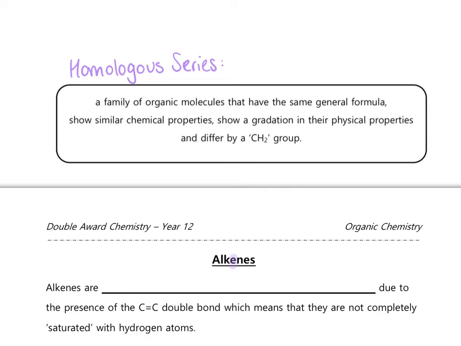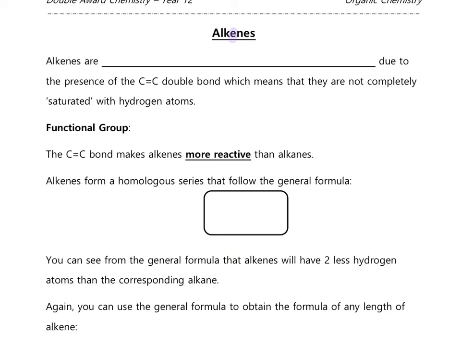These are alkenes. So alkenes are structurally different to alkanes in that they are unsaturated hydrocarbons. So where we saw alkanes were saturated, alkenes are unsaturated, and I'll explain what that means in a second. They are unsaturated hydrocarbons. And what did we say that word hydrocarbons meant?